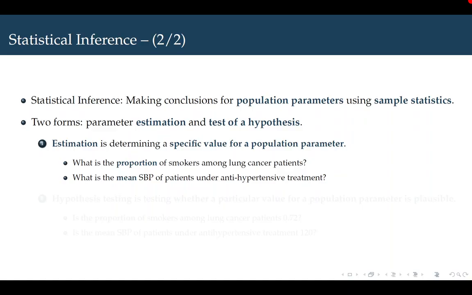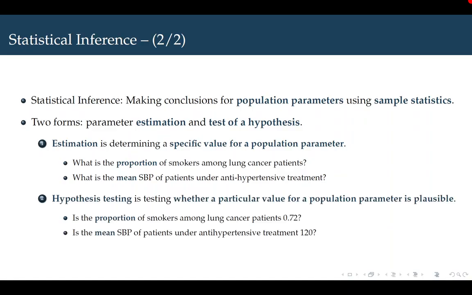On the other hand, hypothesis testing is testing whether a particular value for a population parameter is plausible or not. So the question: is the proportion of smokers among lung cancer patients 0.72?